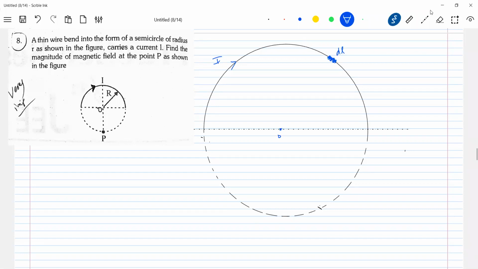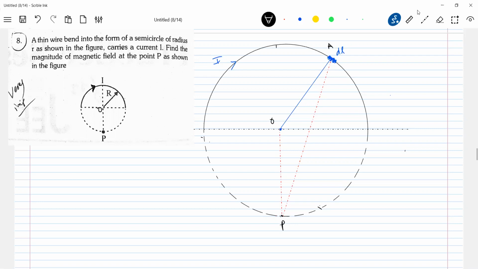This distance is equal to r, but he's asking something at point P. So let this be the point P, this be the point O, and where I picked up the current element, let it be A.